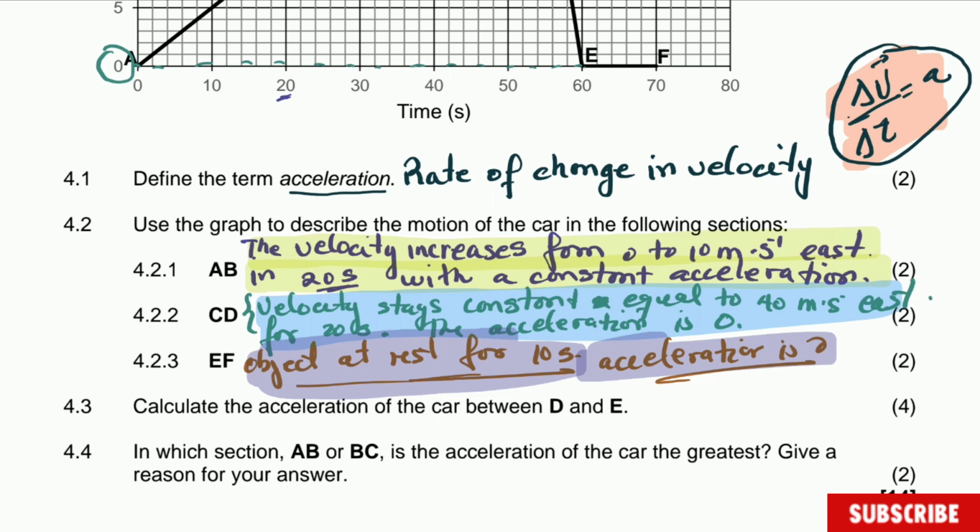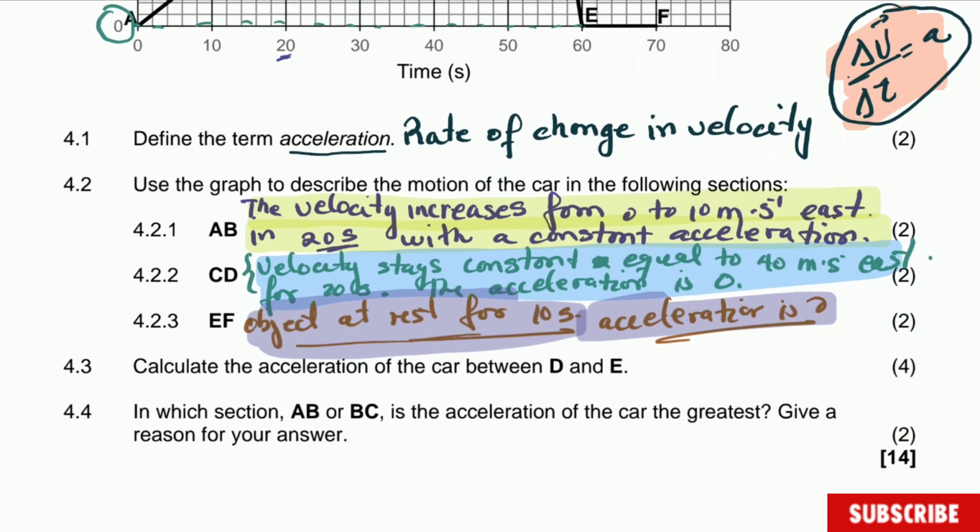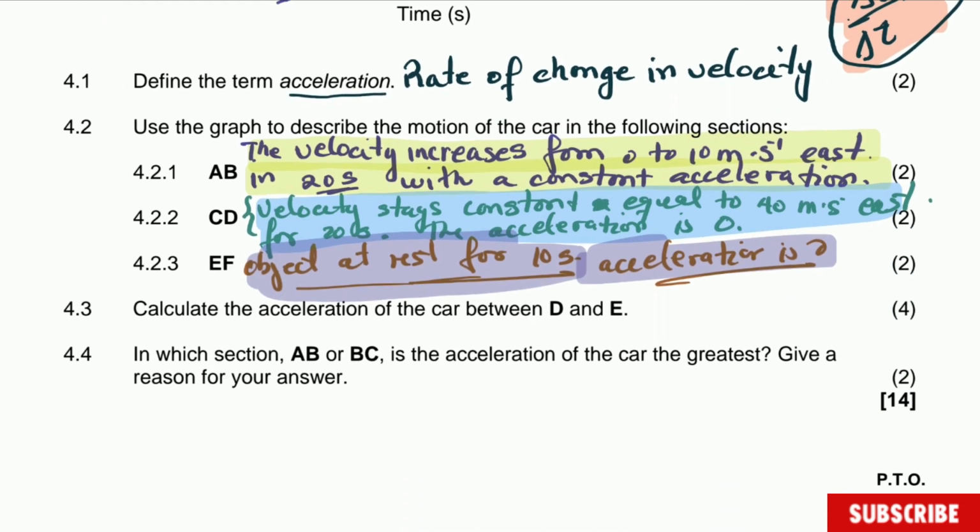Question 4.3 says calculate the acceleration of the car between D and E. Using this graph, you have to remember that the acceleration will be given by the gradient. So the acceleration using a graph of velocity versus time will be the gradient.